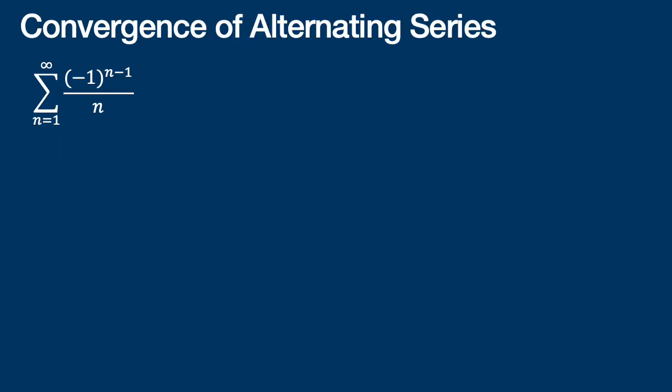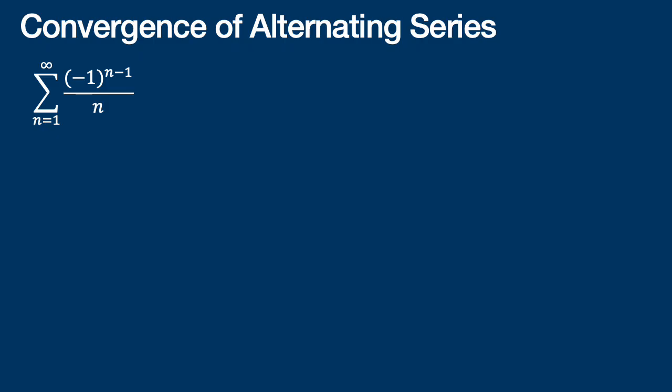Let's have a first example of convergence of an alternating series. We have an alternating series. We will determine if this series is convergent or divergent. How are we going to find out if this infinite series is convergent or divergent?